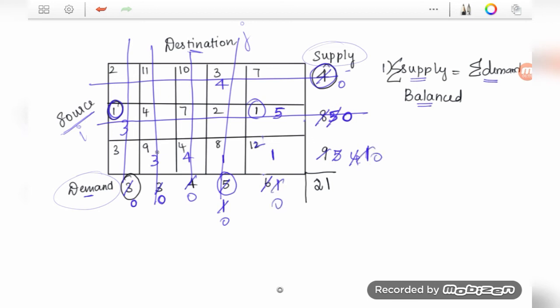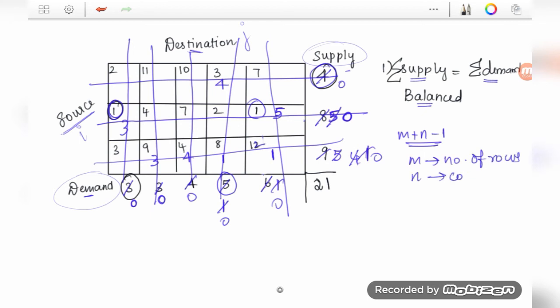So 0, 0, and cancelling out this particular row and column. We have one last step left in this whole procedure, which is to check whether it is a non-degenerate solution or not. For that we use the formula m plus n minus 1, where m corresponds to the number of rows and n corresponds to the number of columns.